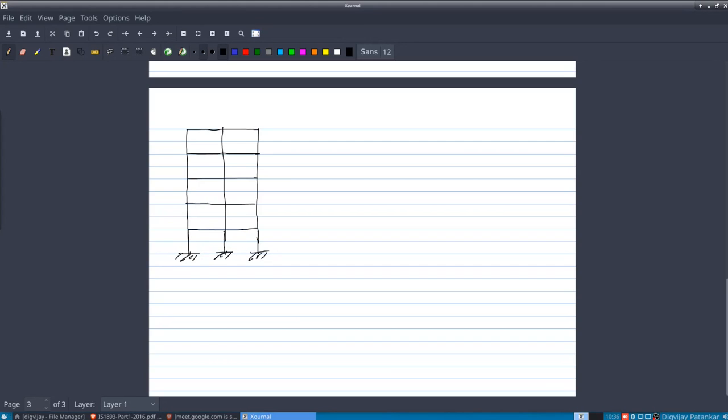And I want to design this, and let us say the zone is seismic zone 2, and let us say the height is 3 meter. Each story height is 3 meter, so 3 into 5 is 15. So it just barely matches our criteria, that is it is in seismic zone 2 and total height is 15 meter. So based on this I can say that I can use the equivalent static method.